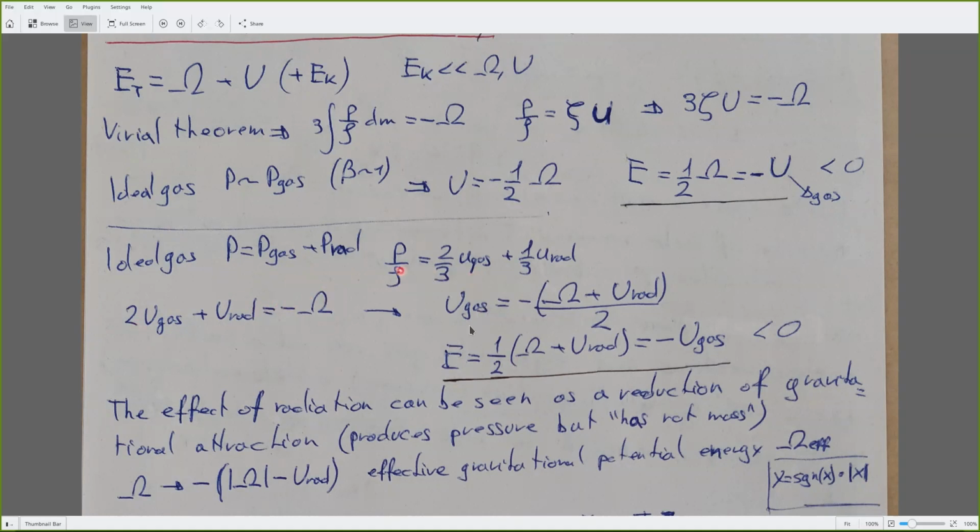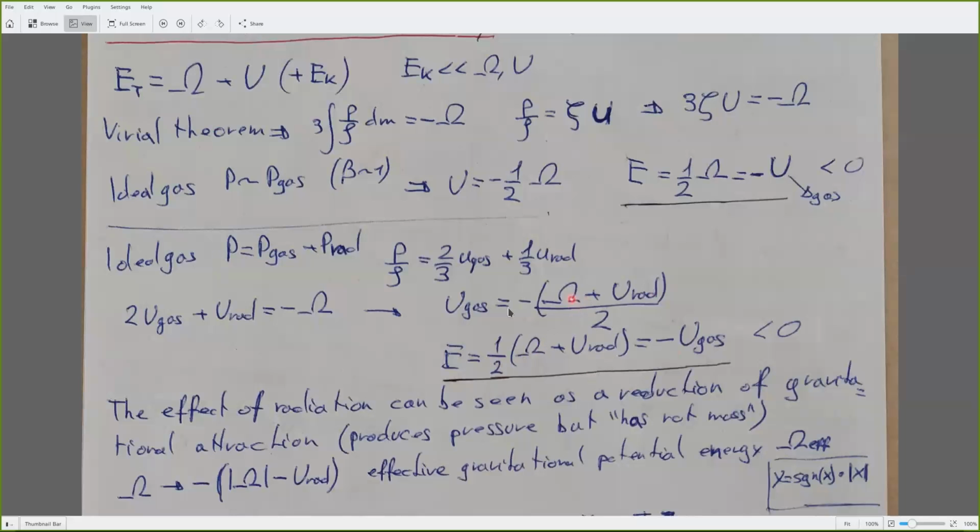So we can rewrite everything: the internal energy of the gas is equal to minus the sum of the potential energy and the internal energy of the radiation, divided by 2.